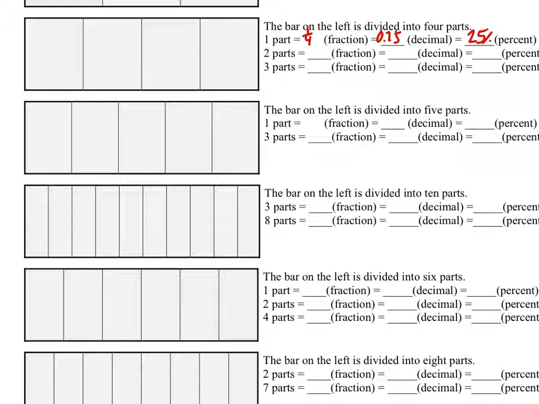Again, if you don't remember how to do these, we'll look at them later, but for now we'll just show them as is. So the next fraction would be 2 out of the 4 pieces, which is 0.5. You can put 0.50 if you want, and the percent is 50%. So 3 parts would be 3 out of 4 pieces as a fraction, the decimal 0.75, and the percent 75%.